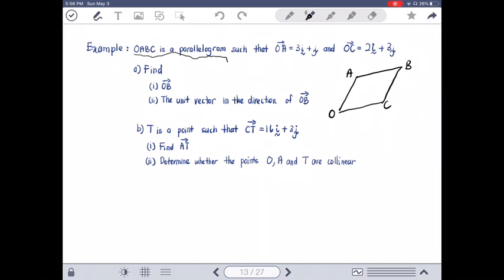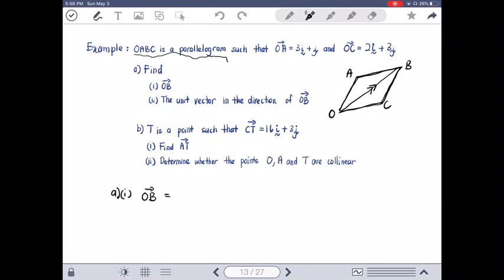Find OB. For question A1, find OB. OB is just equal to maybe OC plus CB or OA plus AB. So maybe write OB equals OC plus CB. Oh, you are not given OC.